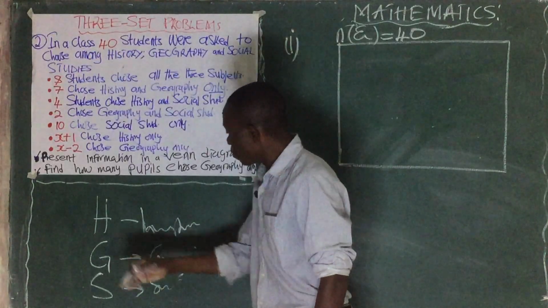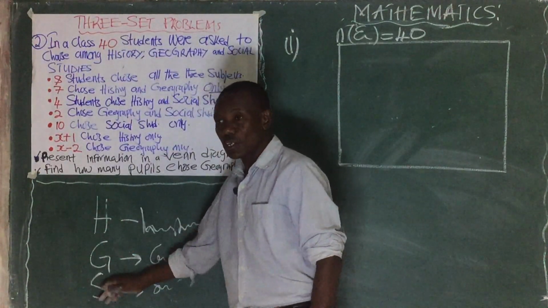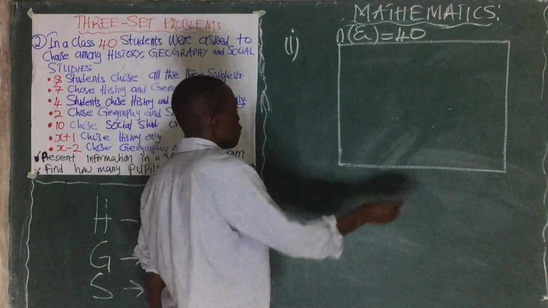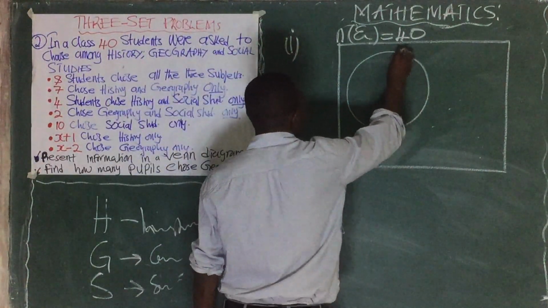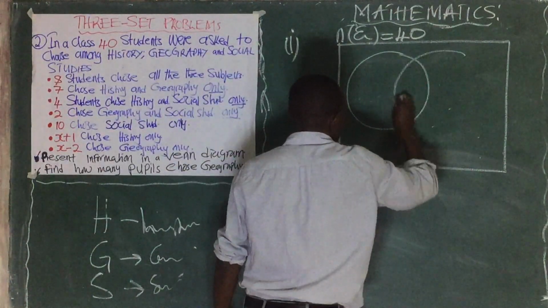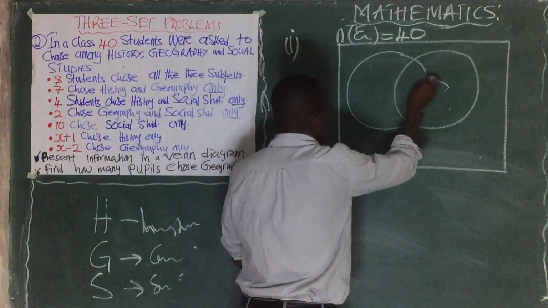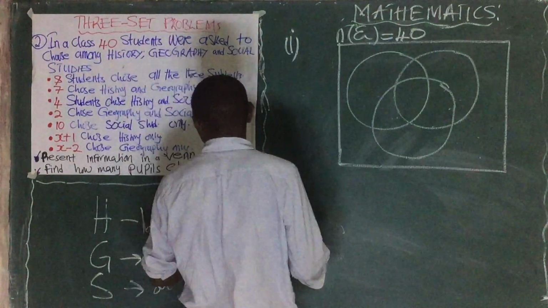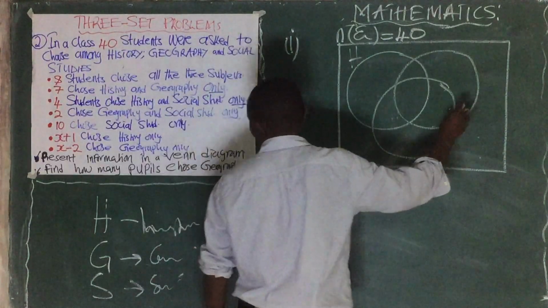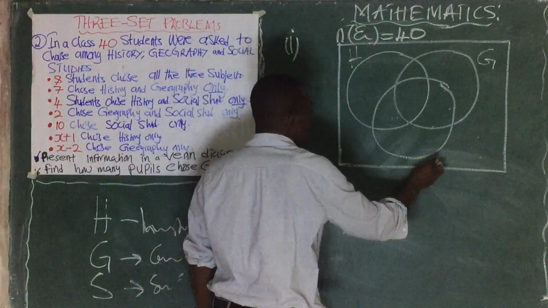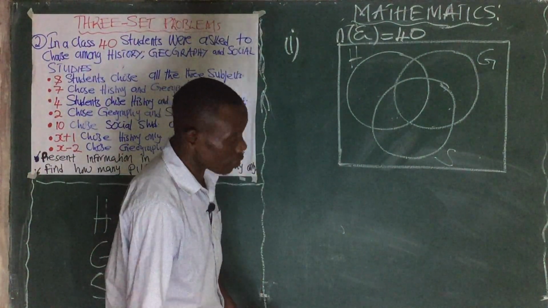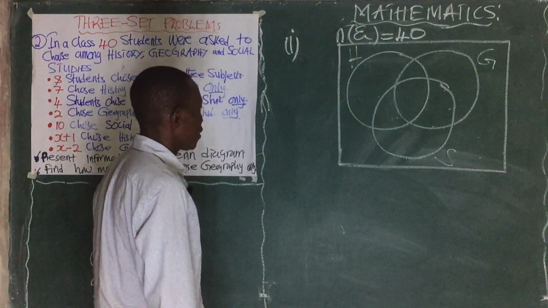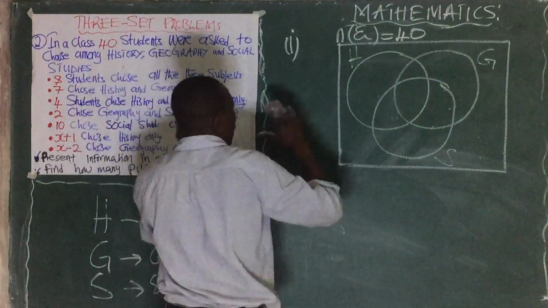It means the 8 belong to H, G, and S. So how I will complete the Venn diagram here, it will be like the 3 sets inside the rectangular figure have to intersect and be able to show a space that belongs to all the 3 sets, which are represented by circle H, circle G, and here circle S, where S is social studies, G is geography, H history. Right. Now let us feed the whole of this information inside here.